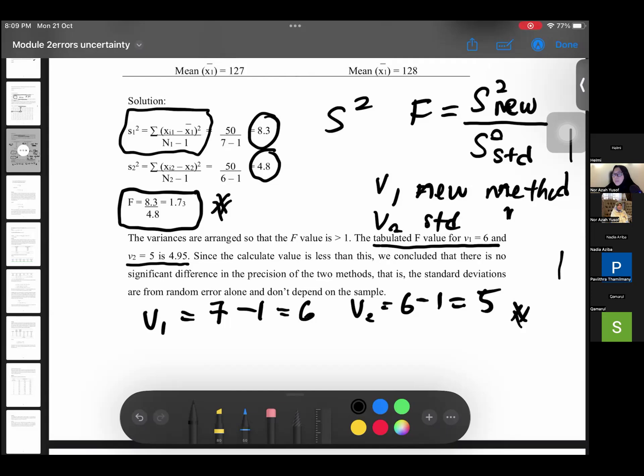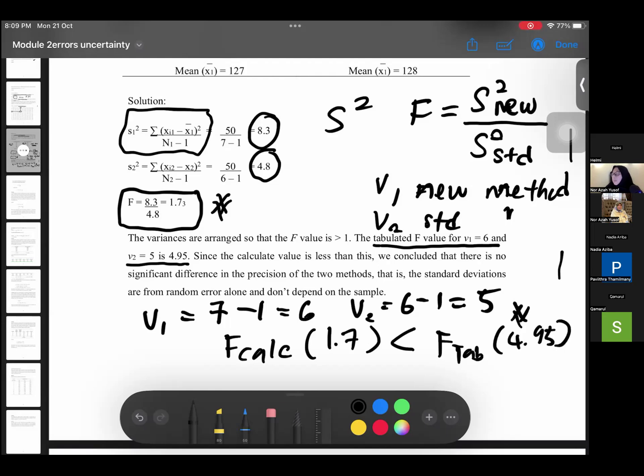It's not going to be in exams, but it's important you learn about significant figures. Because the F calculated is 1.7, which is lower than F from table, which is 4.95, we can conclude.